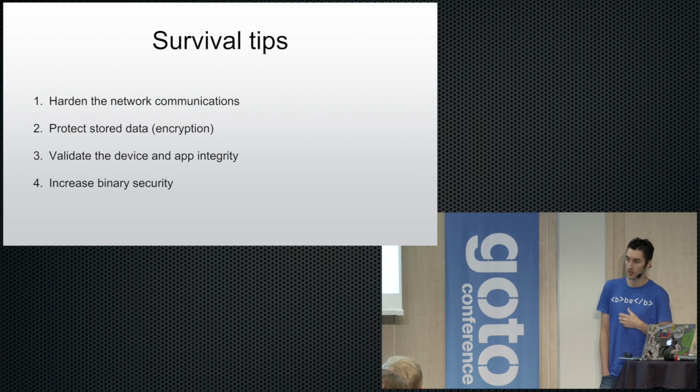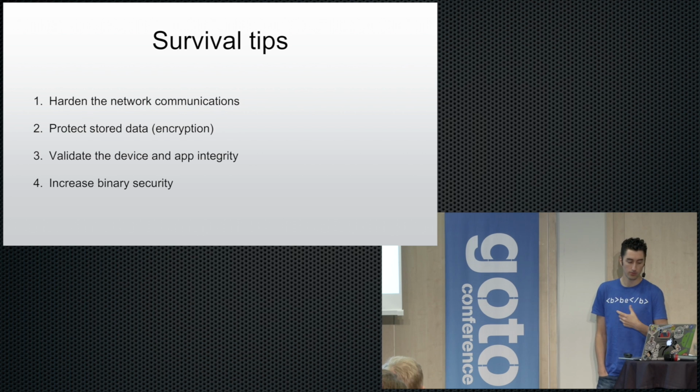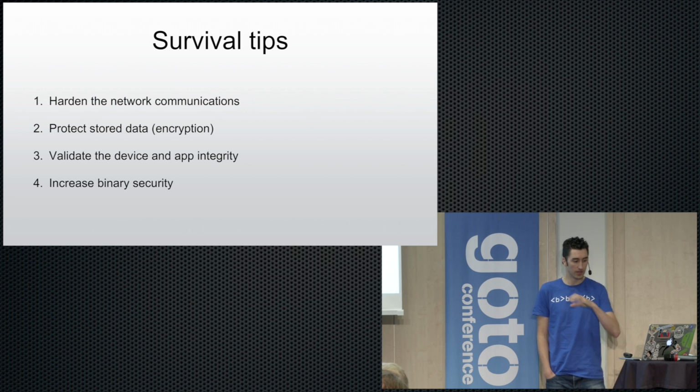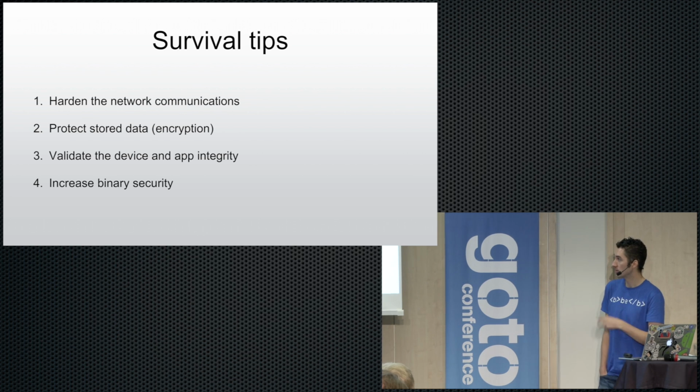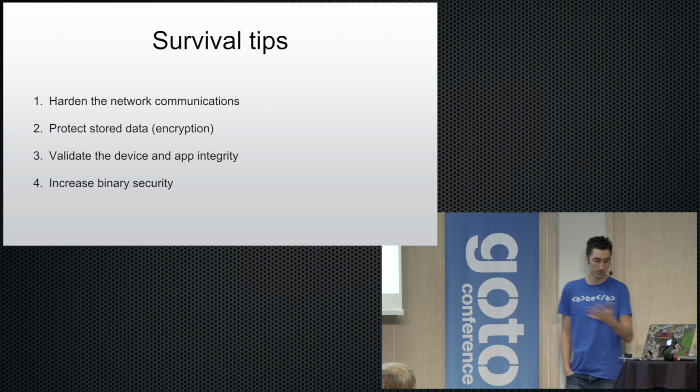We want to protect any data that we have stored, and what I mean by this is we're going to use encryption for that. We look at ways to validate where the app's running, the device integrity, and also the app's integrity. And then we're going to look at how we can increase the binary security. As I say, a lot of the things we talk about apply to iOS as well.